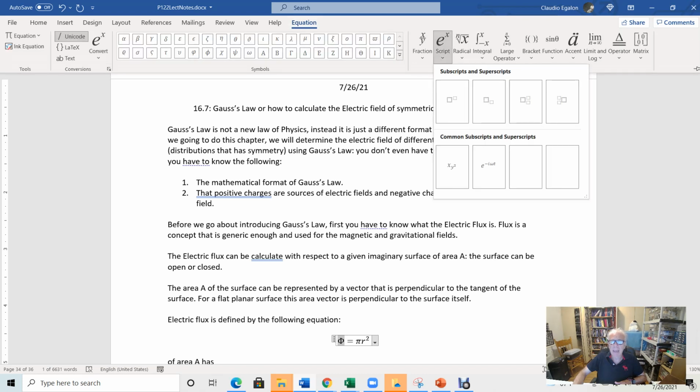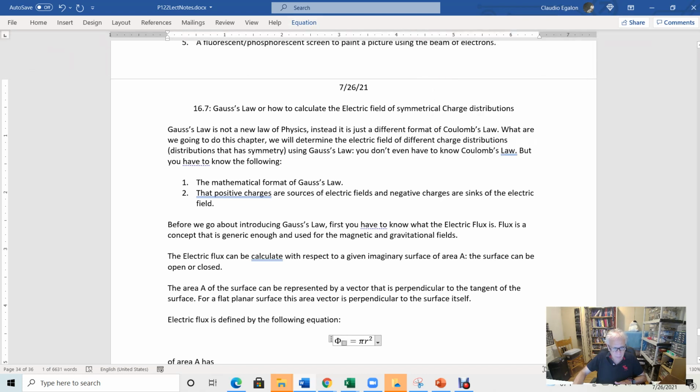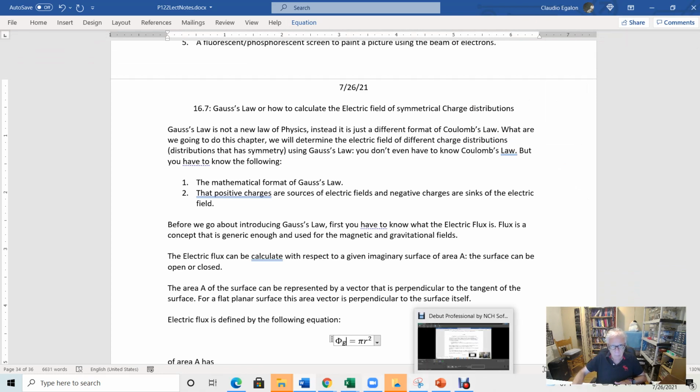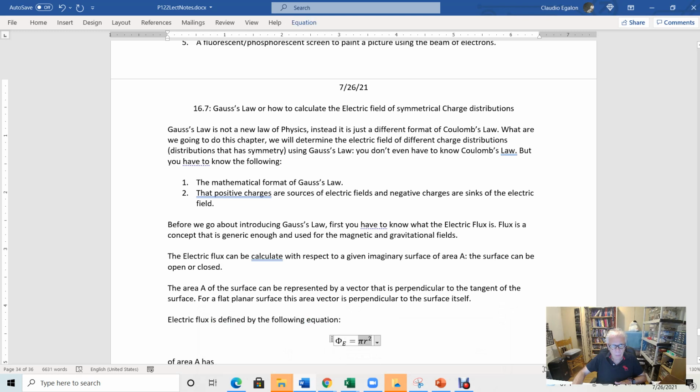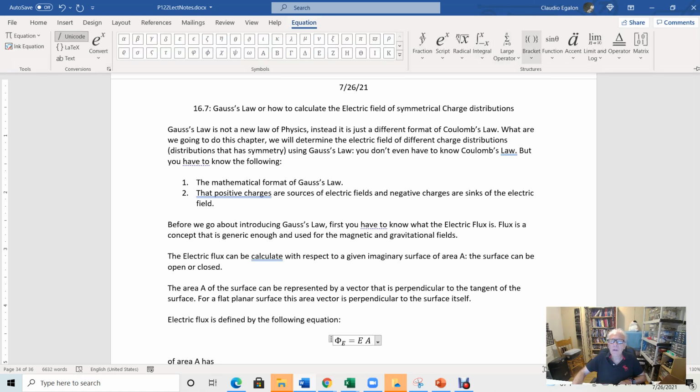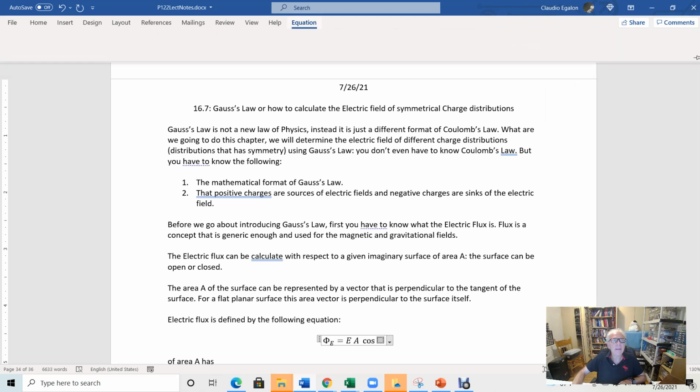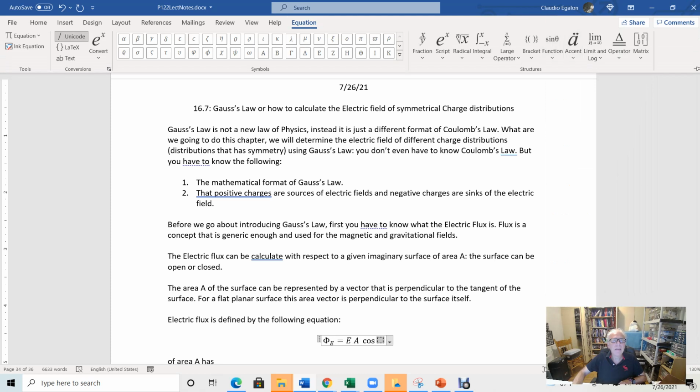We can also have a magnetic flux and other types of flux. We write down the magnitude of the electric field, the area, and the cosine of the angle theta between those two vectors. That's how it is defined.